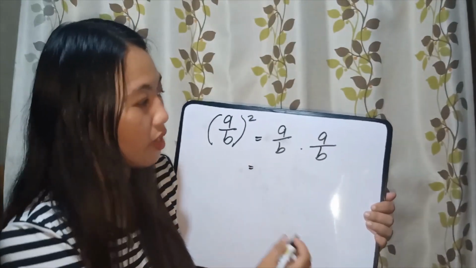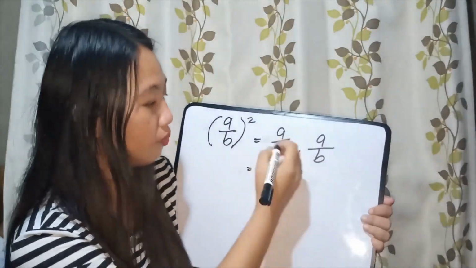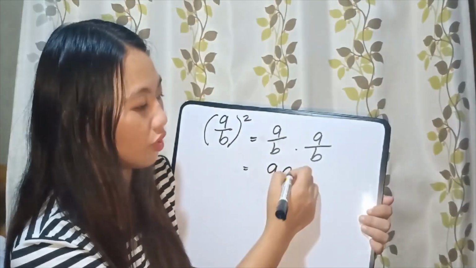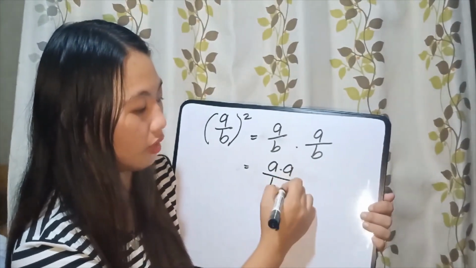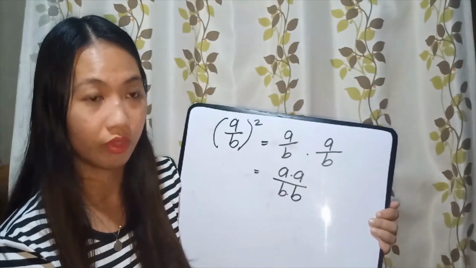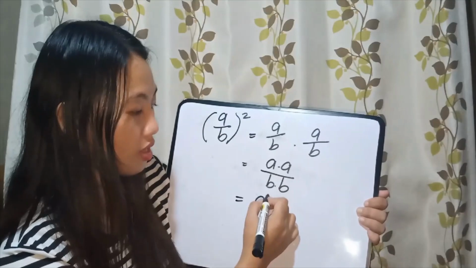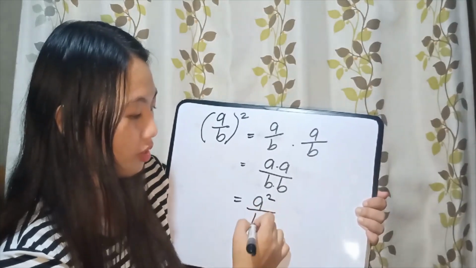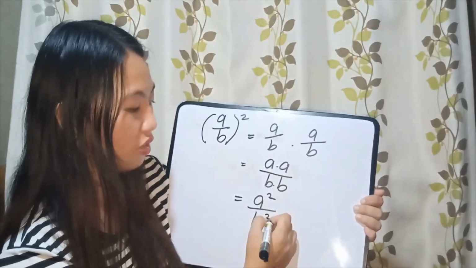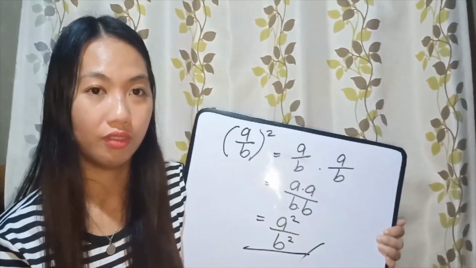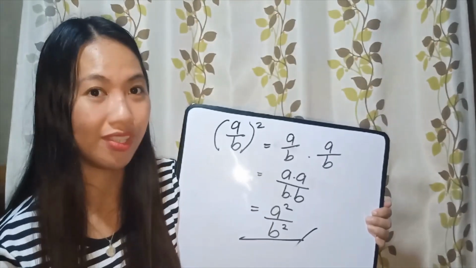To simplify, we can combine these two by writing a times a over b times b. Then simplify: a times a is a squared over b times b is b squared. So we have the same answer, right?